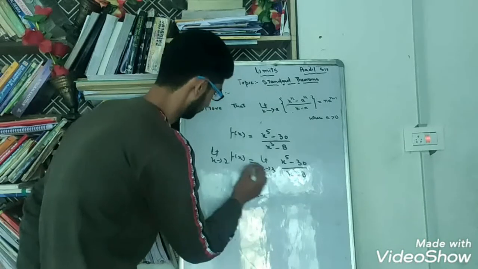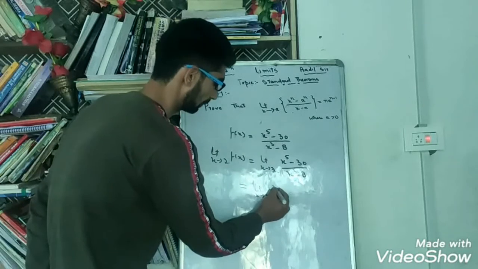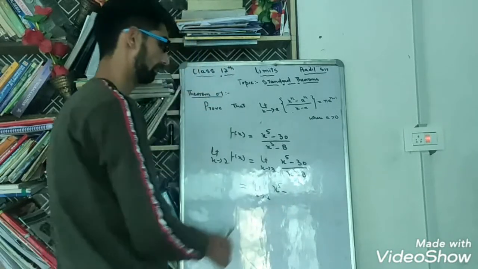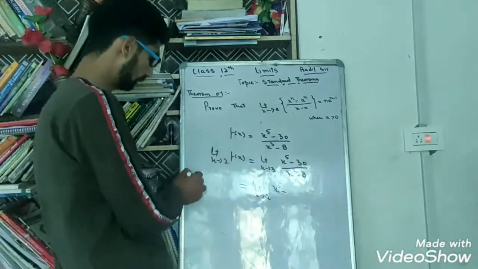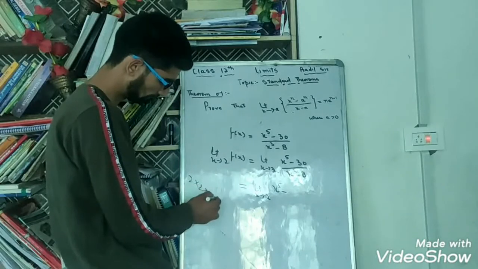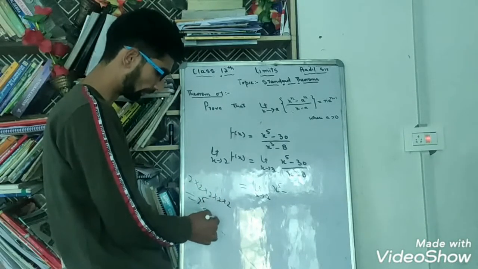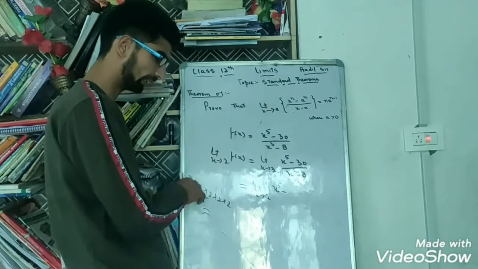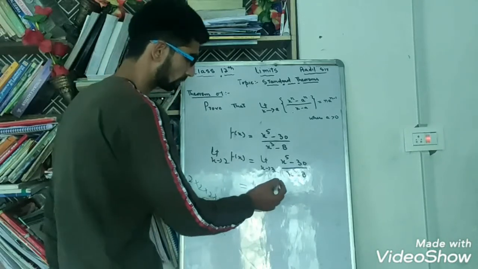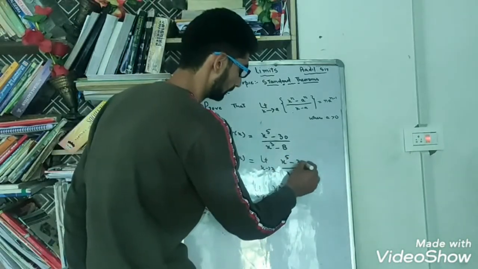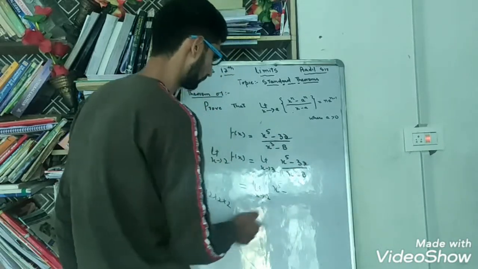We know that 32 is equal to 2^5, because 2 into 2 into 2 into 2 into 2 gives 2, 4, 8, 16, 32.